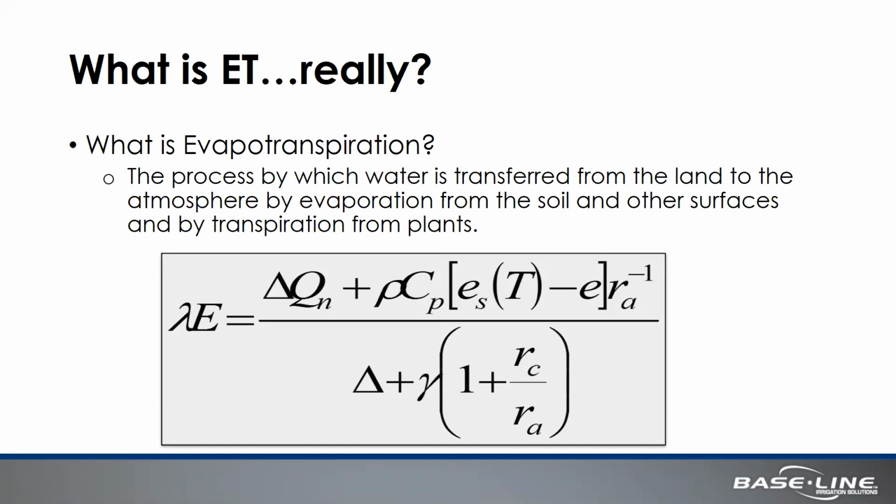And I would encourage all of you to write this down because we'll be tested on it later in the presentation. But you can see it's a rather complex formula that requires a number of inputs and quite a bit of understanding of what those inputs are in order to generate a usable result.